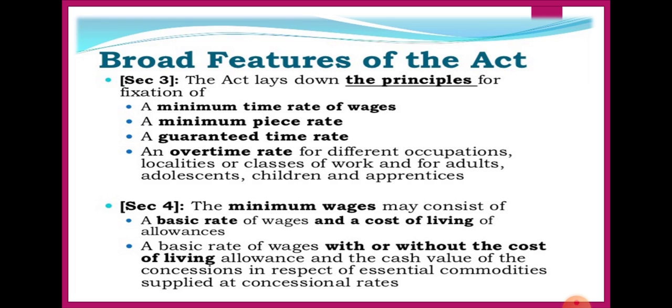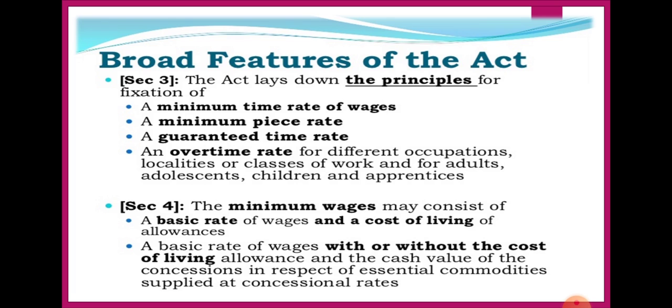It doesn't mean that a person who is doing 8-hour work, the owner of the company or the industry is only giving him 100 rupees or 200 rupees for the 8-hour work he or she is doing. It is not like that. The minimum wage that owners are deciding should be enough for that person to live a comfortable life.